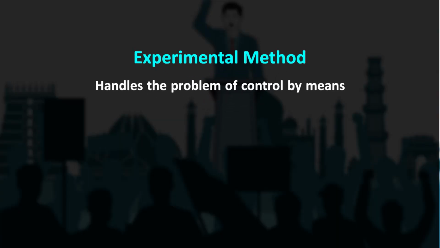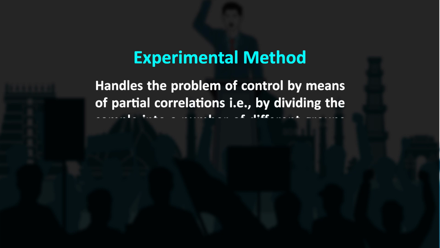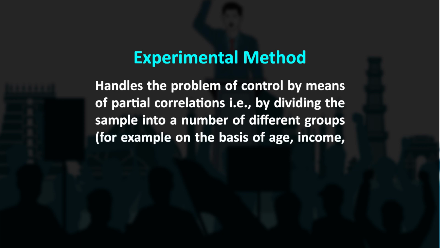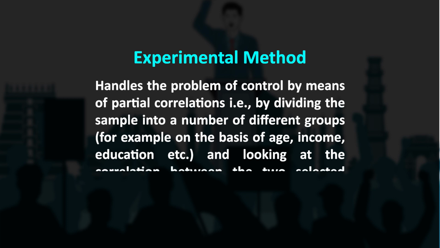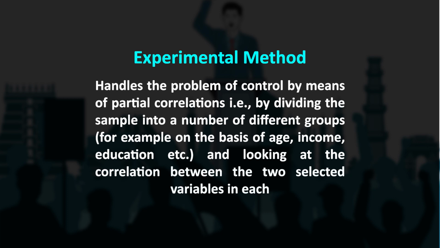It handles the problem of control by means of partial correlations, that is, by dividing the sample into a number of different groups, for example, on the basis of age, income, education, and so on, and looking at the correlation between the two selected variables in each.